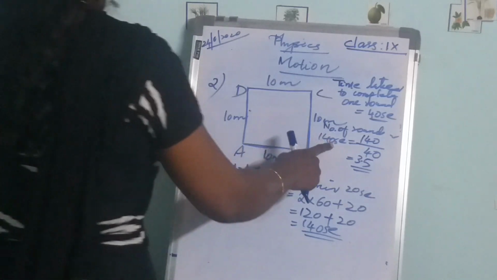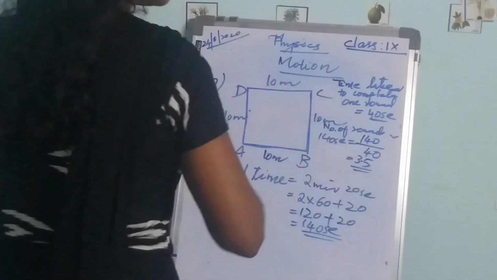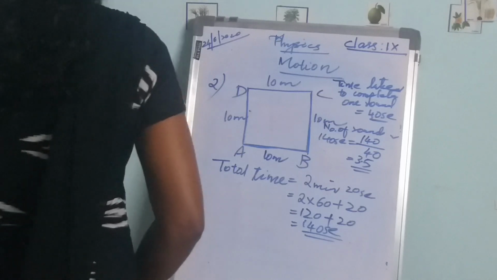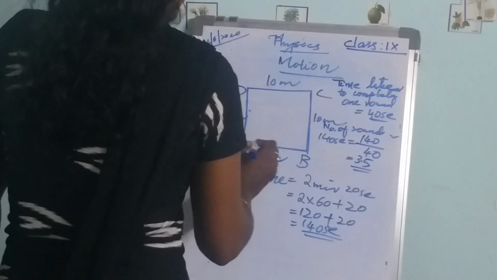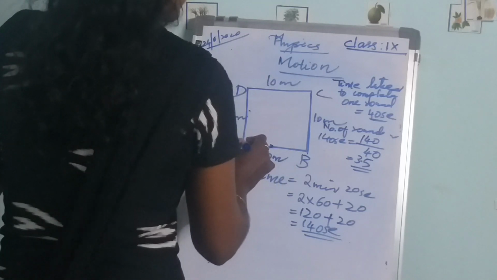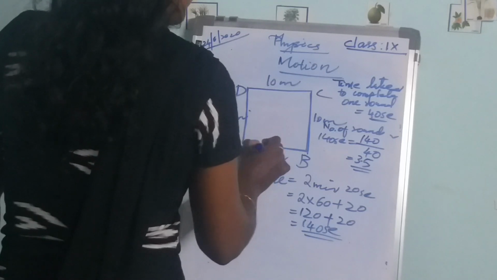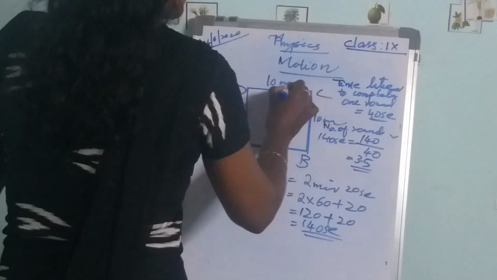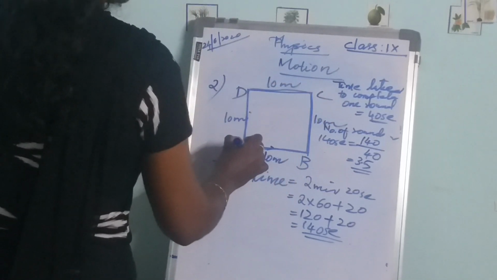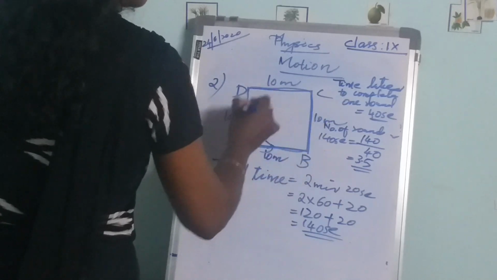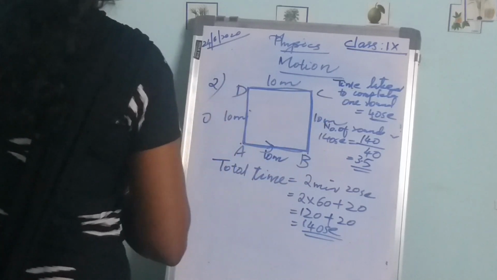After 140 seconds the farmer completes 3.5 rounds. Okay, see here, suppose the farmer starts to move from A, then this is one round. After completing one round, what is the displacement? It is 0.